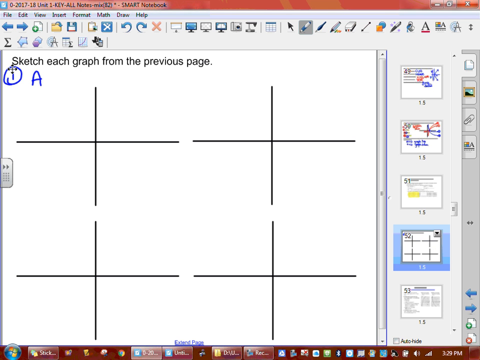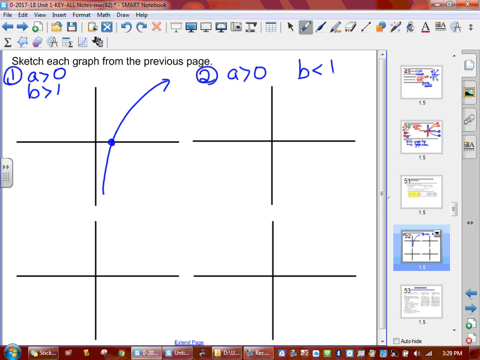Graph 2, however, a is greater than 0, but the b value is between 0 and 1. Well, what happens then?